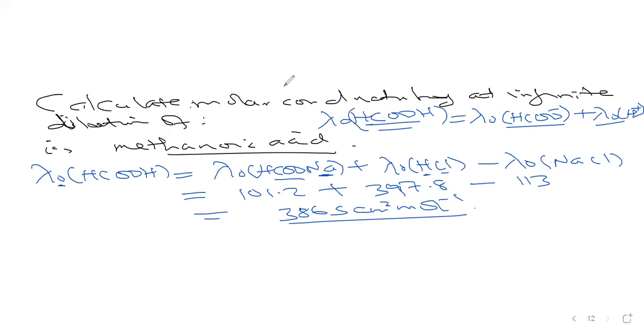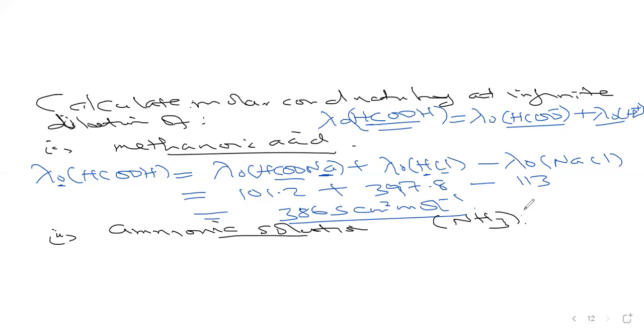I may ask you to get molar conductivity at infinite dilution, Roman 2, of ammonia solution. Talk of ammonia solution, that is ammonia. Ammonia solution is ammonia in water. So when ammonia is in water, it forms ammonium ions and hydroxide ions.